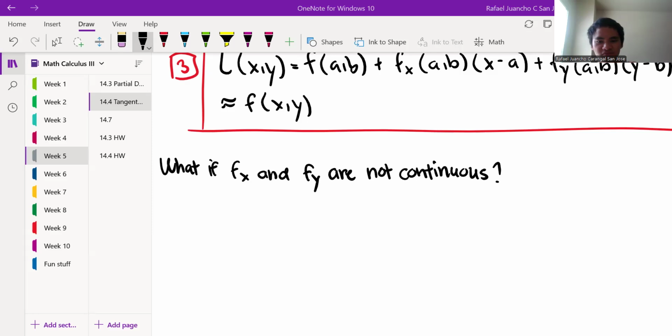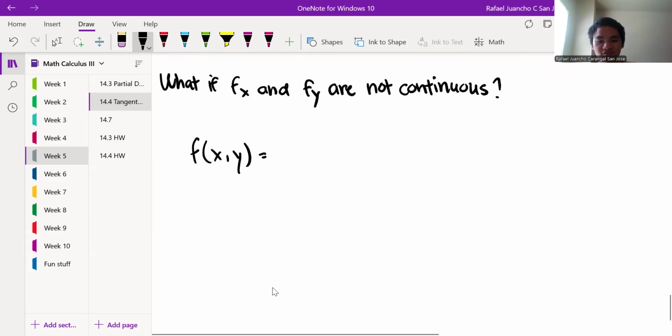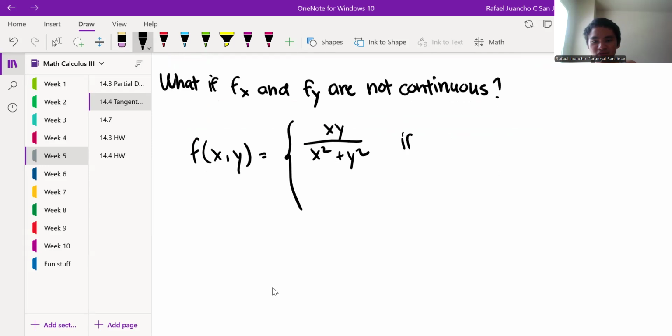Well, here we have a piecewise function. That's usually one of the cases: if we cannot find a continuous function, it's most likely some piecewise function. It's been a while since I've worked on these types of problems. So that's the function if my point is not the origin, or specifically if x and y are not both zero.